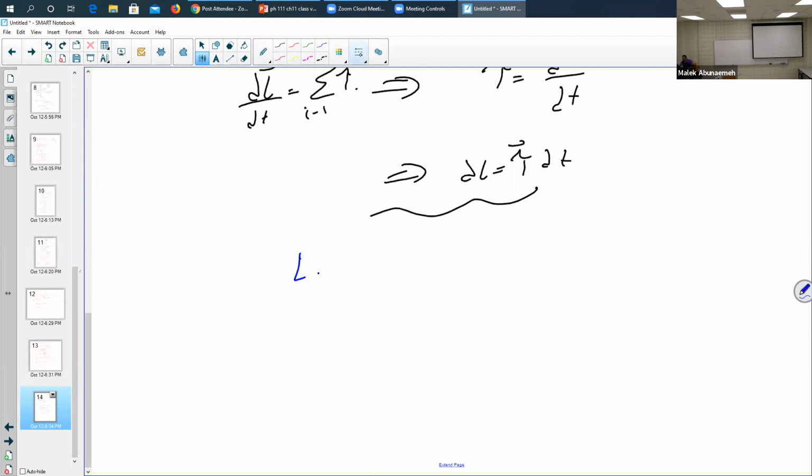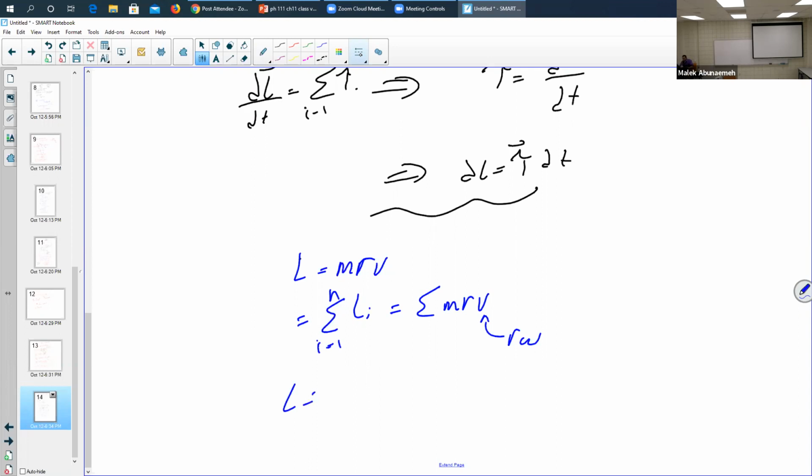So your L equals MRV, and that's what we just did. Mass multiplied by radius multiplied by velocity. And it's a summation from i equals 1 to n of Li. So it's a summation of MRV. And V, we said, is R omega.